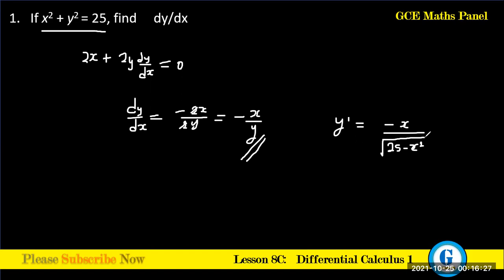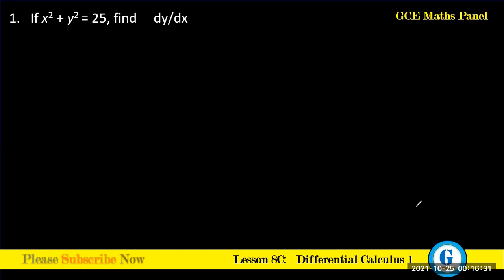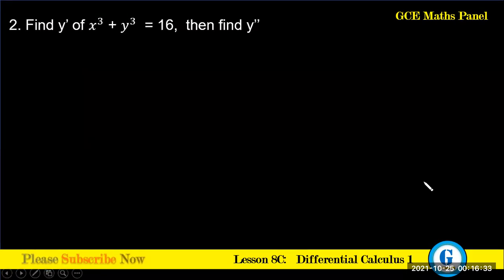All right, let's look at the second example, still on implicit differentiation. So we have: find y prime in this and also find y prime prime. Note that y prime prime is the second derivative of this curve. So let us start with y prime.